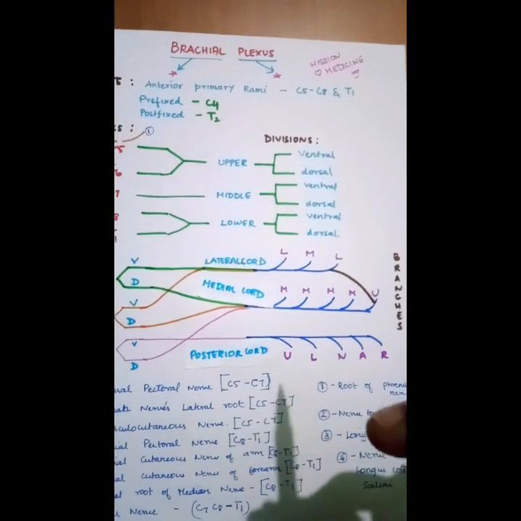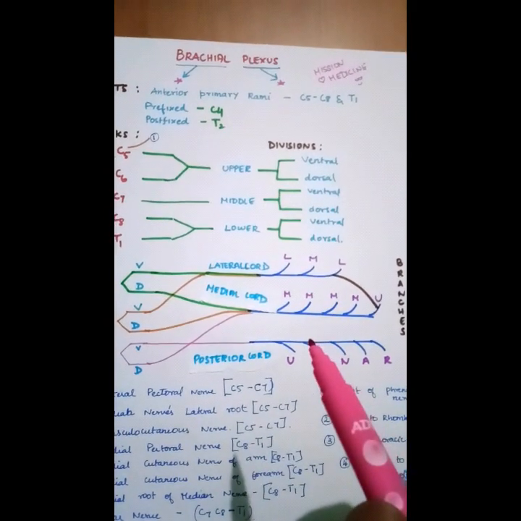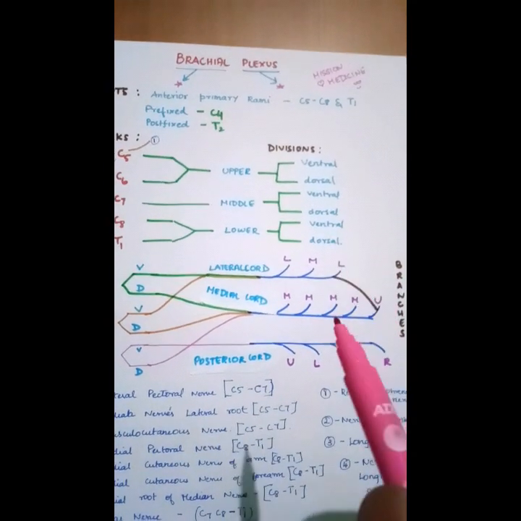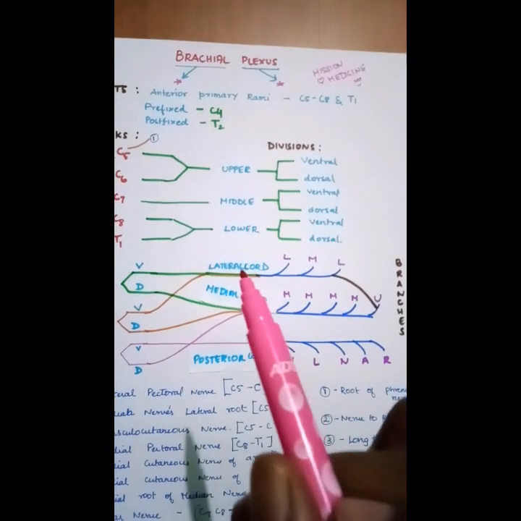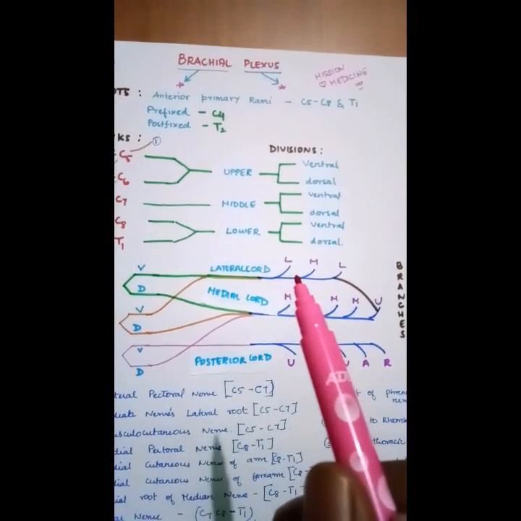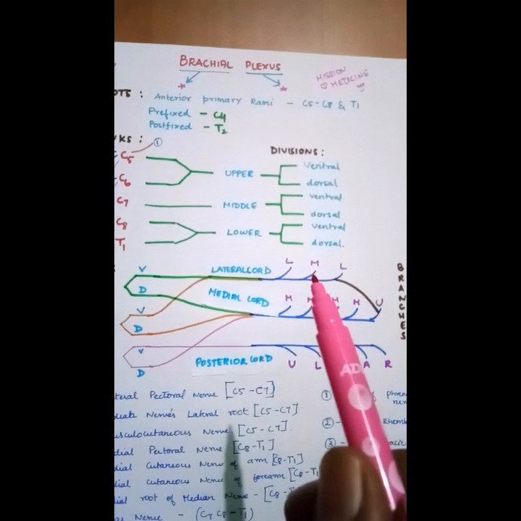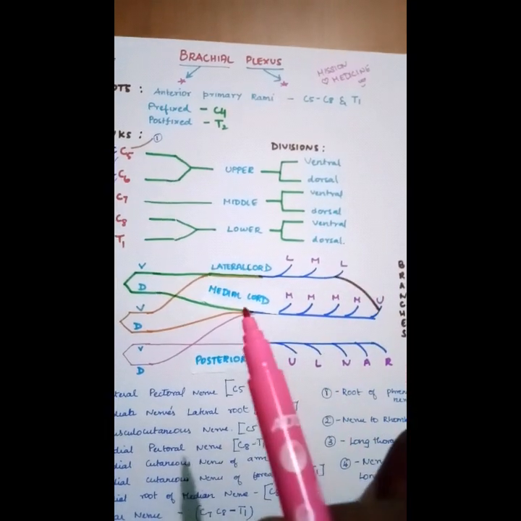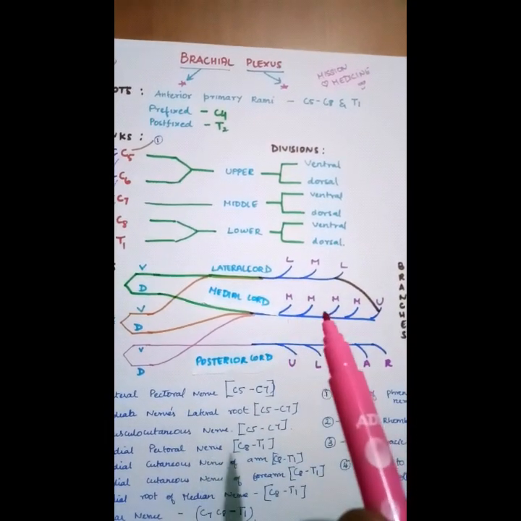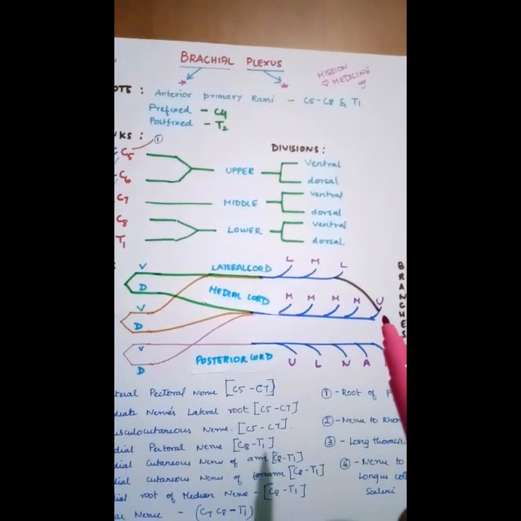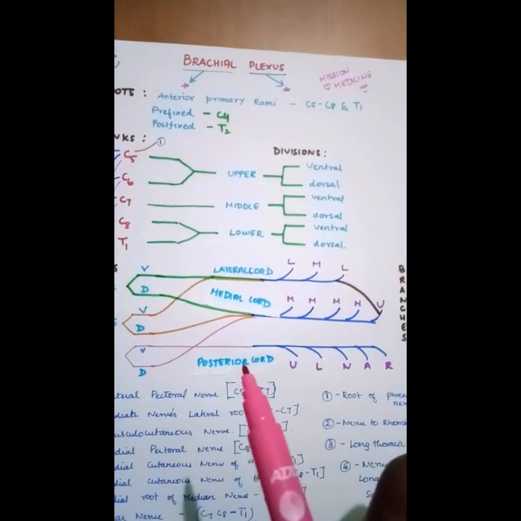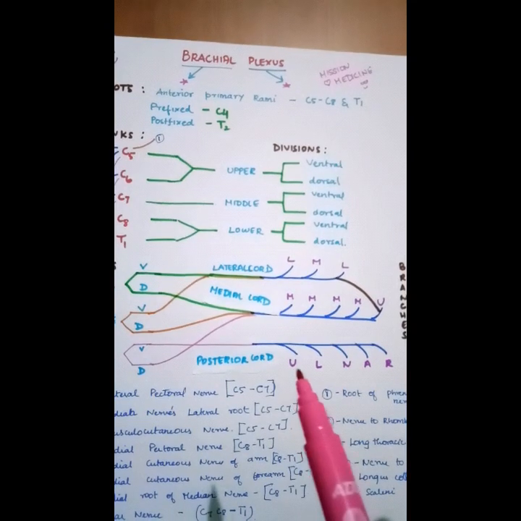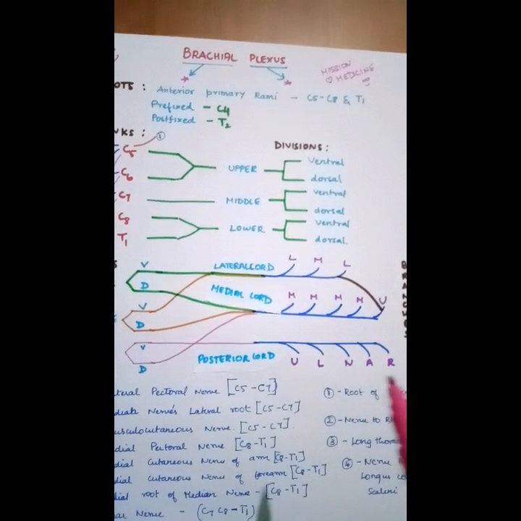This is a mnemonic that is famous for the branches of the brachial plexus. The lateral cord has the branches named L, M and L. Medial cord has 4 M's U, and the posterior cord has the mnemonic ULNAR.